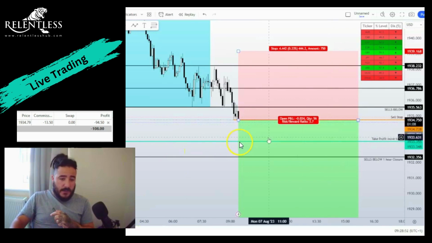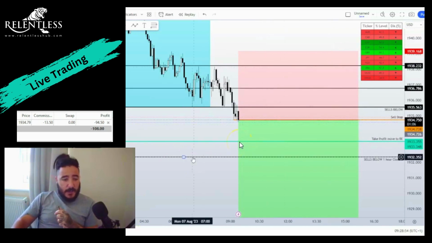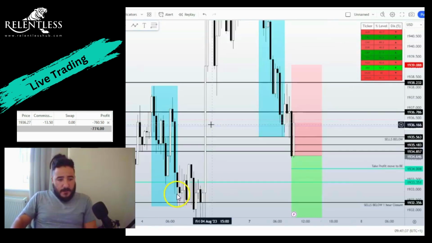We know price tends to come down to tap 1933.35. Now what happened is price came down, activated us, didn't push to our target and pushed straight back up. And what we noticed is the next 15-minute had closed, and that was also the close of the 30-minute. If you can see, this 30-minute closed with not much of a bottom wick.